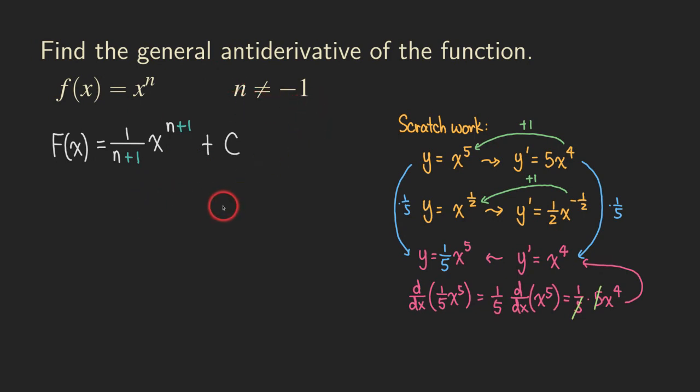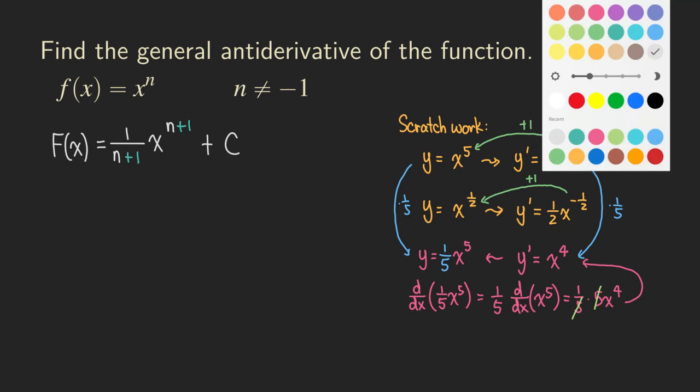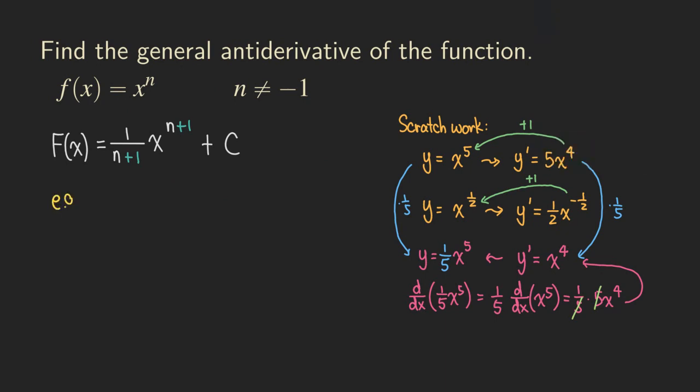Let's see a few examples down here so you can see what's going on. So let's try one example, using this general formula. Let's say we have f of x is equal to x to the 7. So what do we do when we want to find the antiderivative?